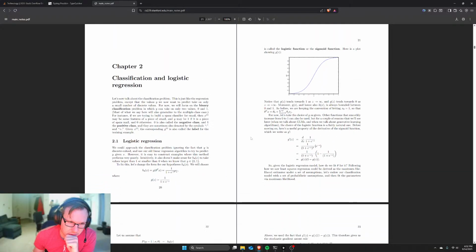So we get the logistic equation. So g of z is the logistic function, and of course, this makes sense for flattening things to be between 0 and 1.